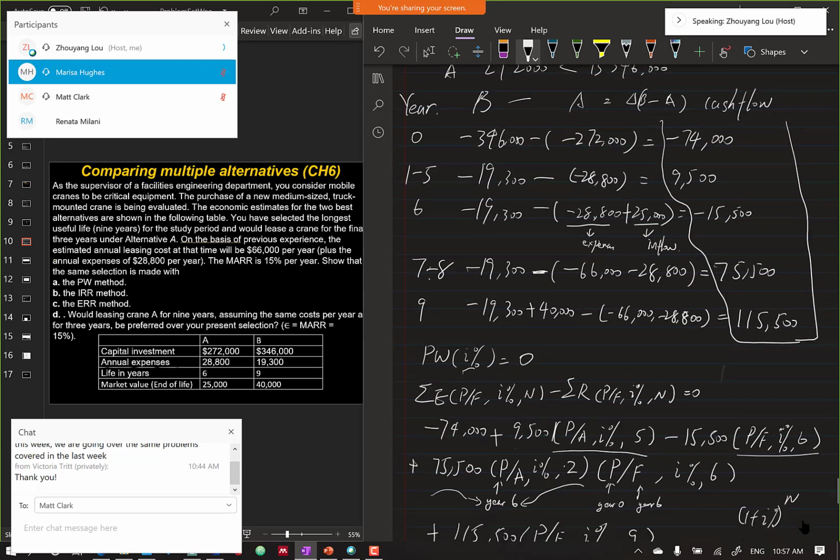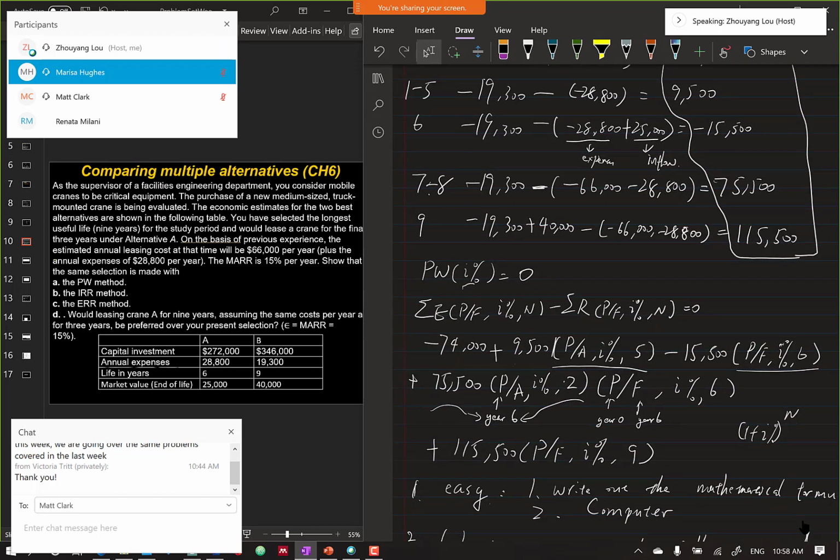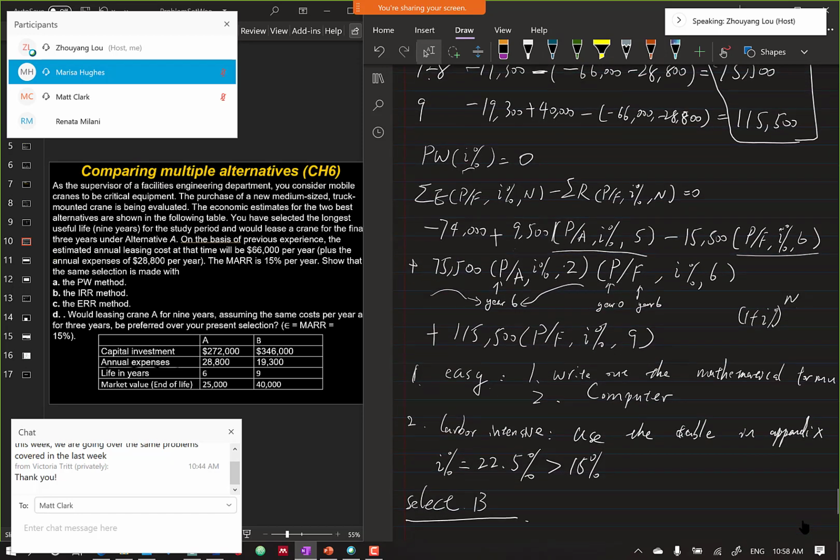Then we calculate the present worth of all the expenses and net revenues together, get the internal rate of return, and compare it with the given interest rate. Then we can make the decision.